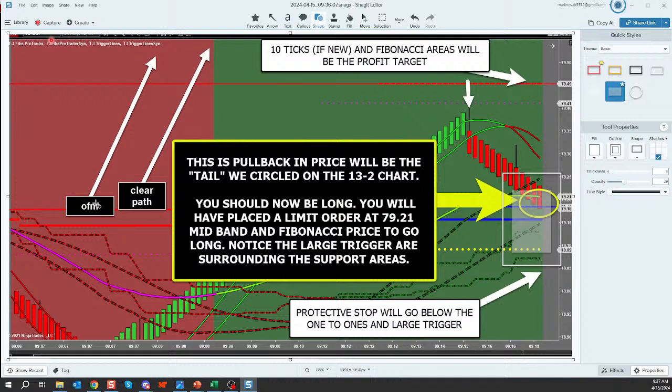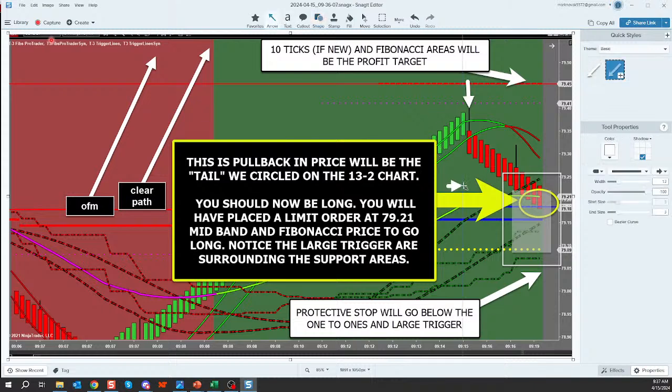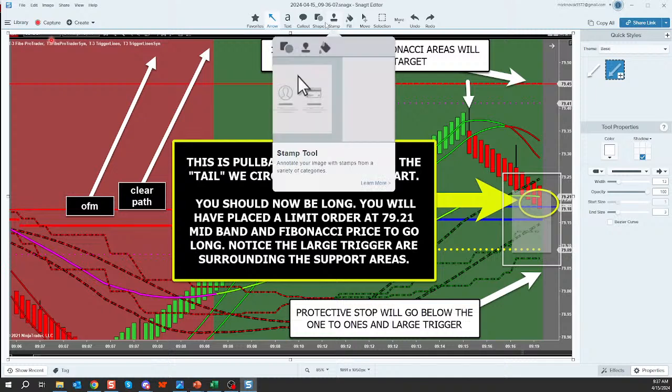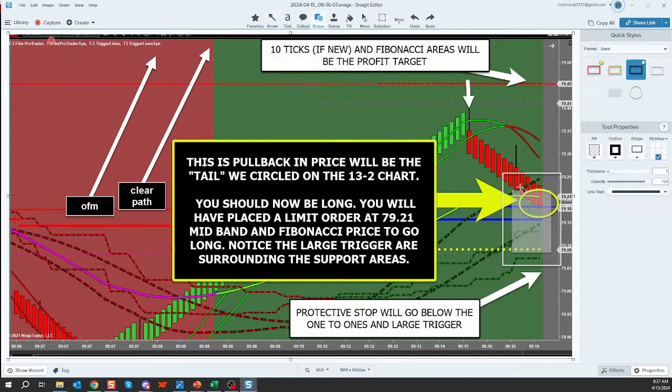But because of odds favorable momentum, because of a clear path, I'm going to activate a limit order, a tick or two above the highest point of support inside of favorable large triggers. I'm not going to trip over a couple pennies hoping to save a few dollars. And guys, that becomes your entry for the highest probability trend trade. Your limit order is going to go a tick or two above that highest point of support.